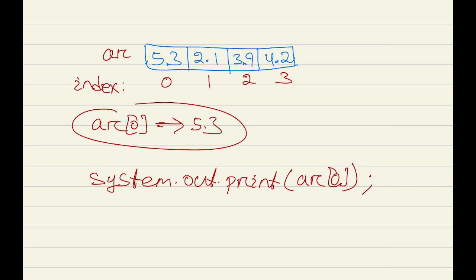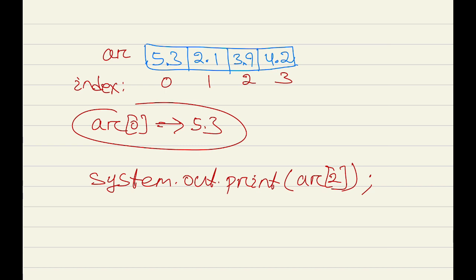Similarly, if we write system.out.print AR of 2, then it is going to print 3.9, because the value at AR of 2 is 3.9. Now suppose we want to print all the elements that are present in the array, or we can say we want to traverse the array and print all the elements.